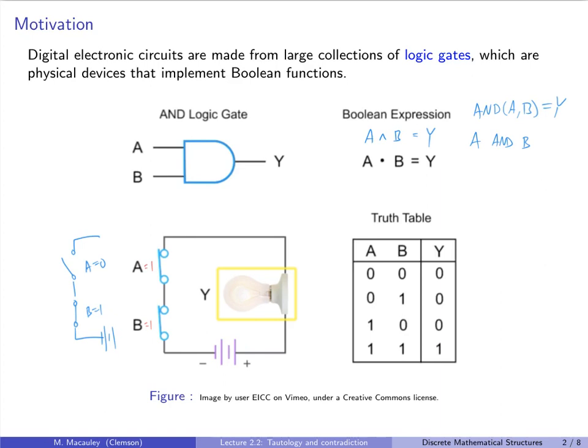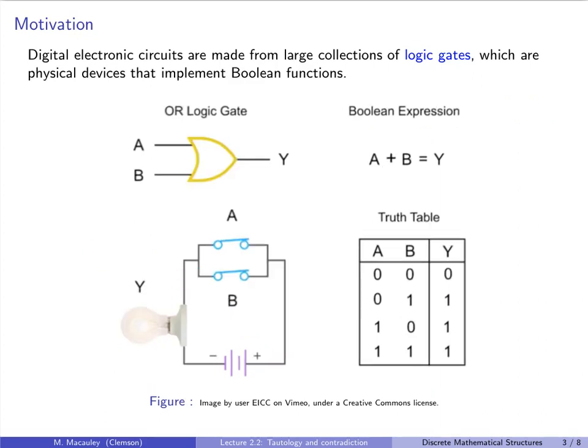Finally, this diagram schematically is represented with this, which looks like an elongated capital D. On the left you have two inputs, A and B, going in, and the output, Y, goes out. So you can think of it as these are inputs, and the output is going to be on, or 1, if and only if both A and B are 1. Okay, that's the AND logic gate.